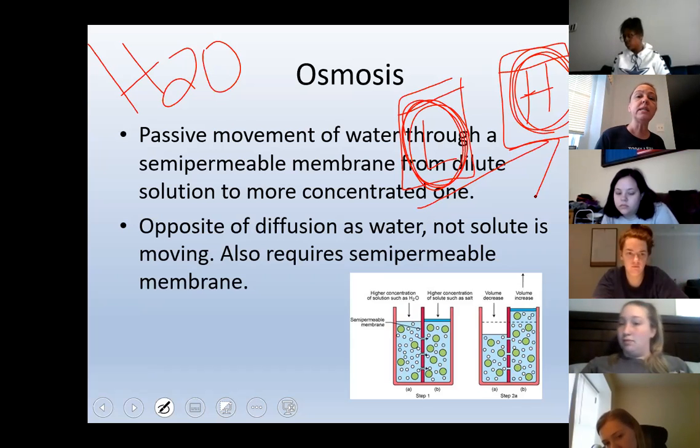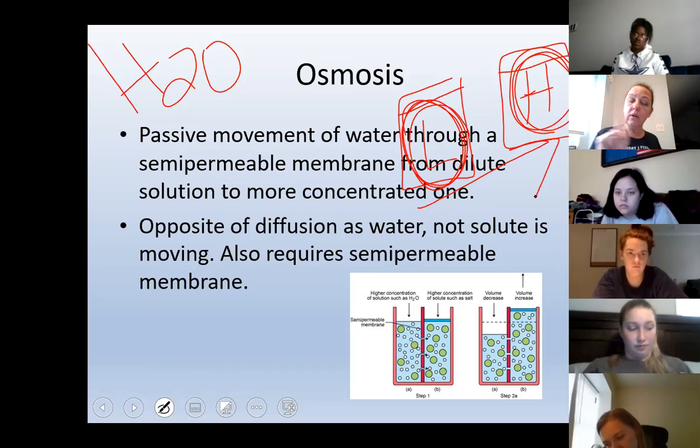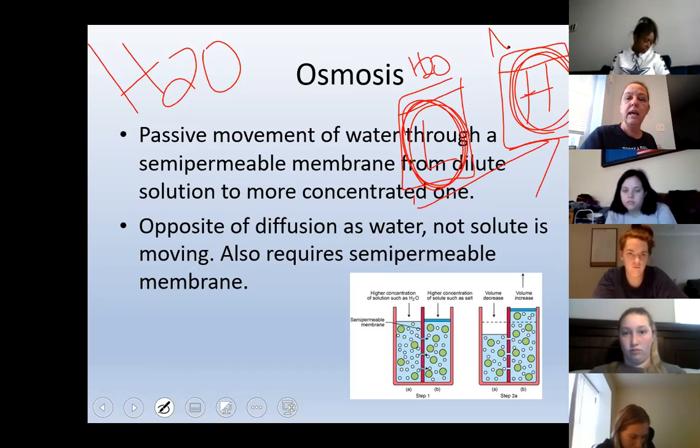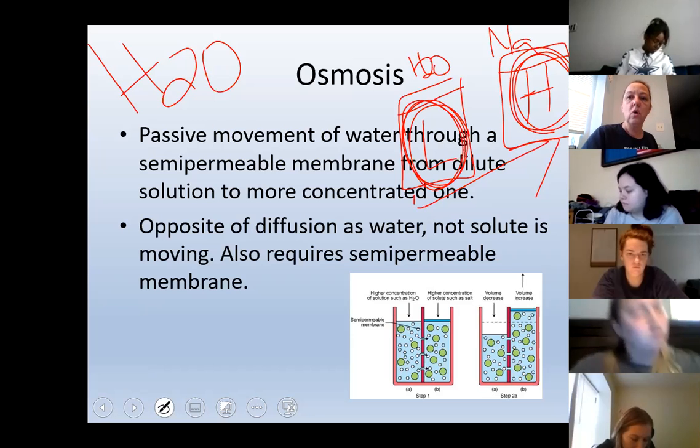So in osmosis, I'm no longer thinking about gradient, okay? That's molecules. That's done. We're finished with moving molecules. Now we're moving fluid. Now I am moving from the one that has no salt, just water, to the one that does have salt.